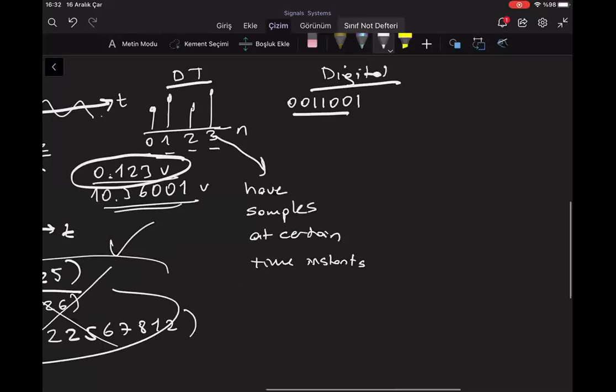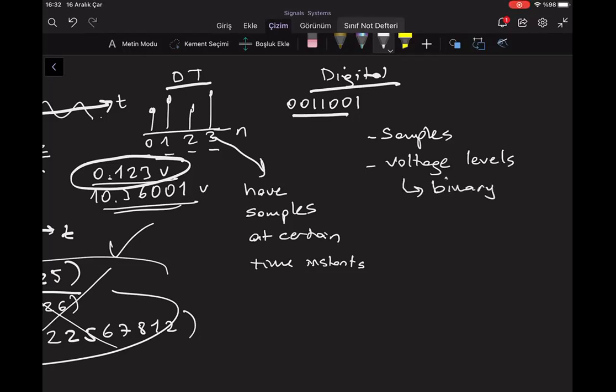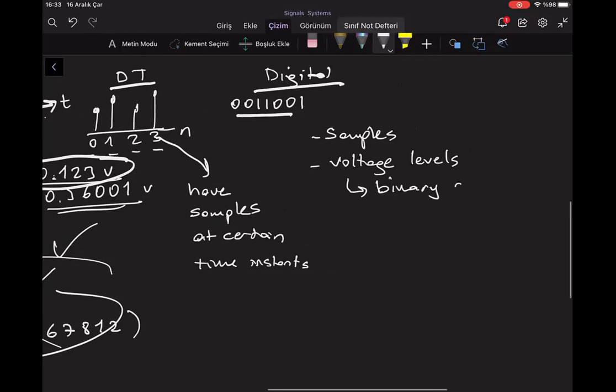But in the digital world, I have samples at certain time instants and also certain voltage levels, which are represented with binary, we call them code words. 01001, kind of, okay?